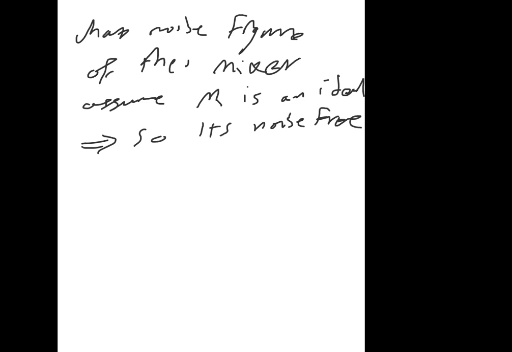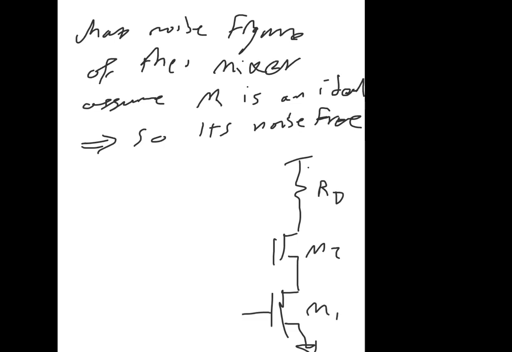Okay, so we have noise coming from the RD and noise coming from the M2 transistor, and for M1 we don't have noise here, it is noise free. This is the VRF, so we're going to find it.